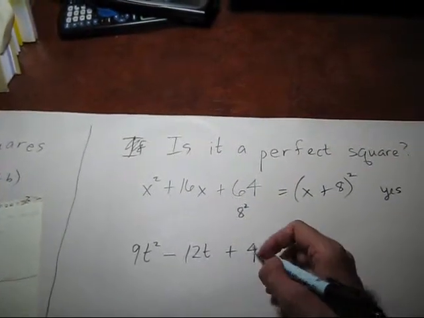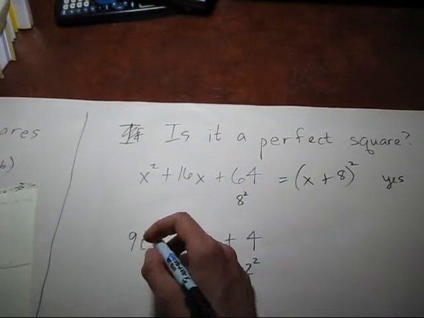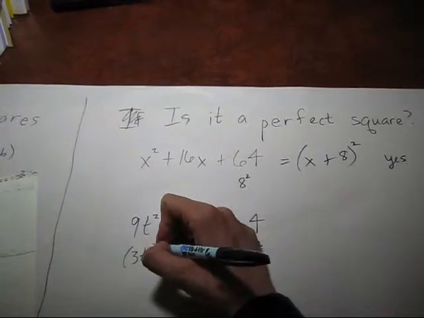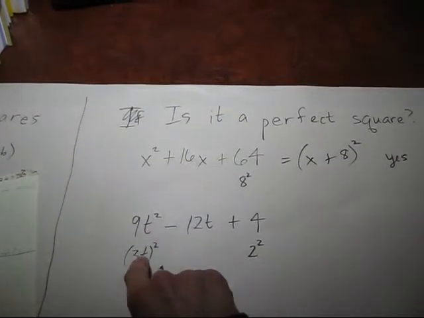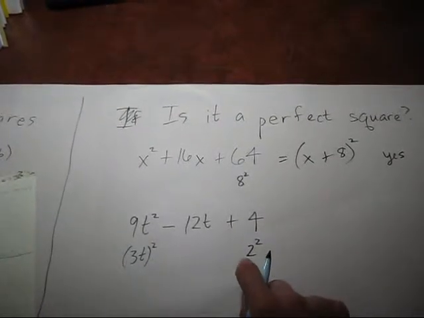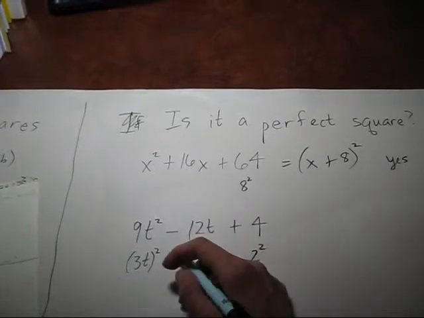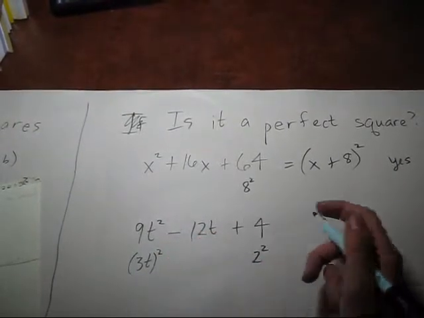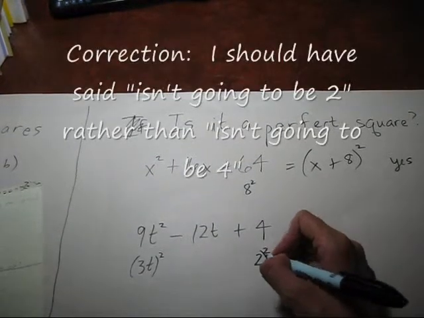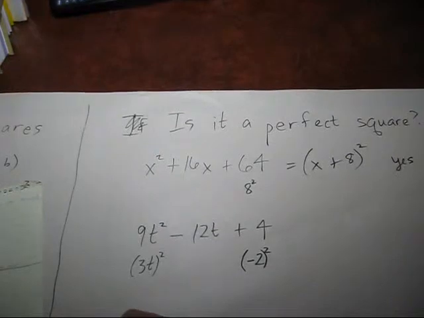So let's look. Is this something squared here? Yes, it's 2 squared. 9t squared, that is 3t quantity squared. Now if you take 3t times 2 and double it, you're going to get 6t doubled, which is 12t. However, we have a minus 12t here, so this isn't going to be a 4, it's really going to be a negative 2.